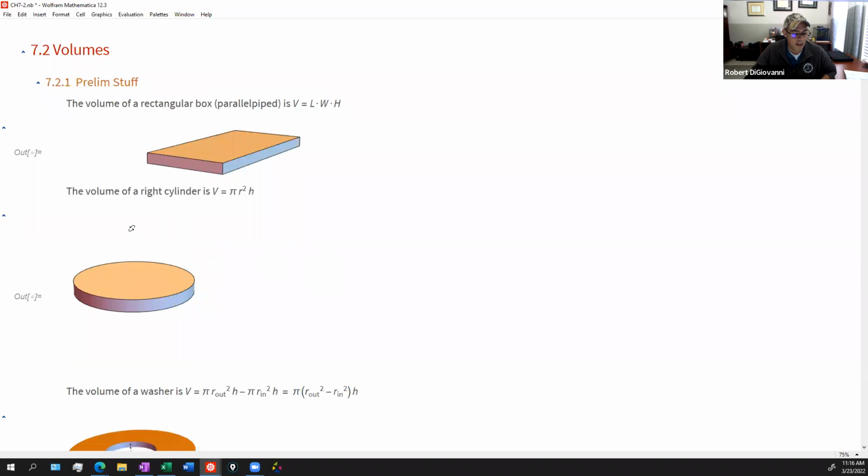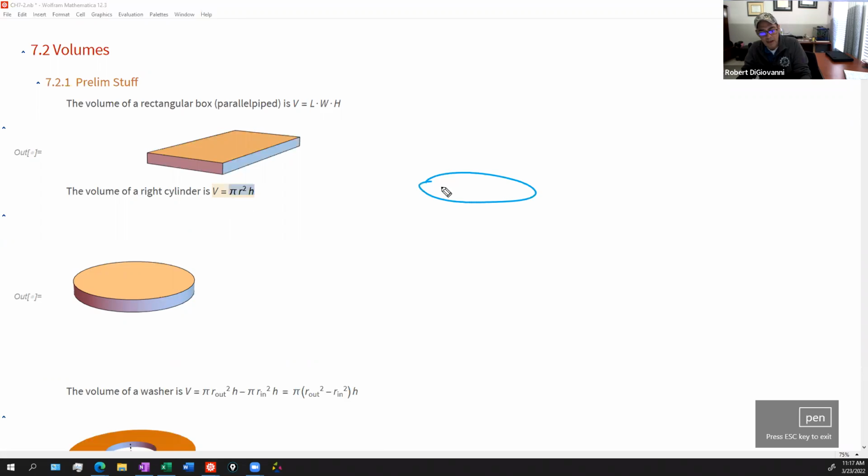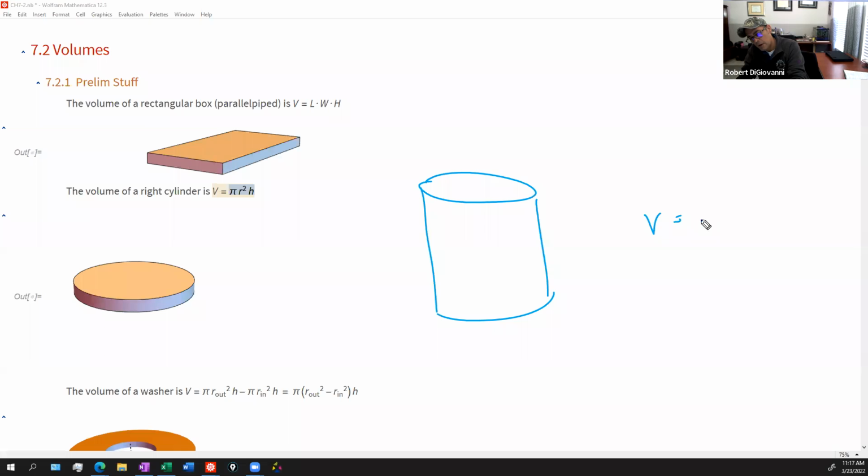Now, if you take a right cylinder, the volume of a right cylinder is pi r squared times h. That's also something that you should be familiar with from the past. And the way I think about a cylinder is this. The height here is h. And if you look at just the top of the surface, that's a circle.